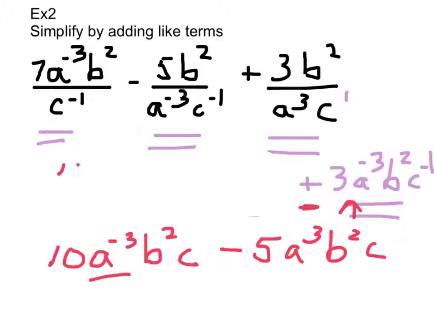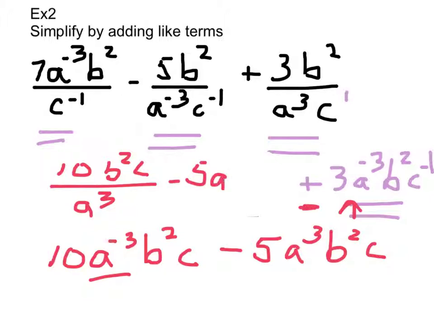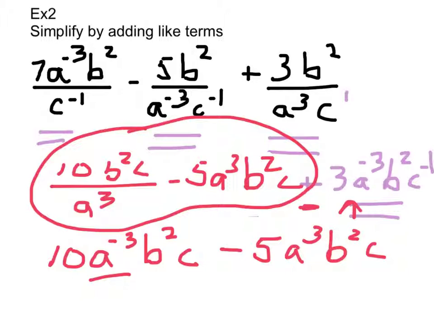So I'd keep the 10 in the top, I'd keep my b squared c in the top, drop the a to the negative 3 down, it becomes an a cubed, minus my 5 a cubed b squared c. And I don't have to do anything with those because those are positive exponents. So this would be another way I could write the answer with all positive exponents. So this is called adding like terms with rational expressions.